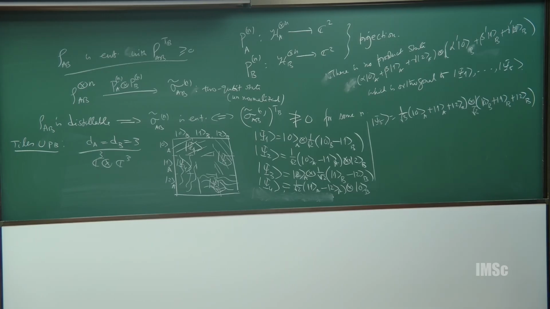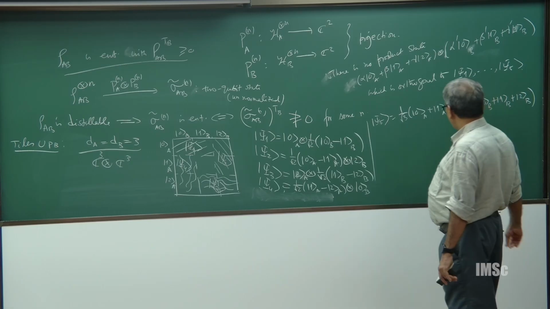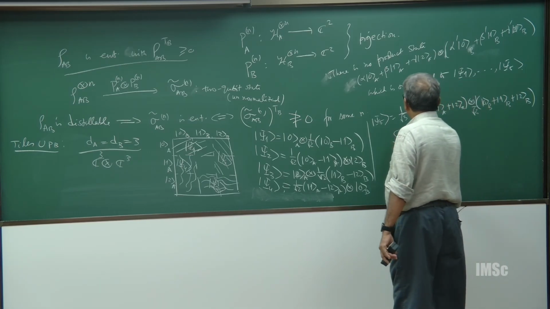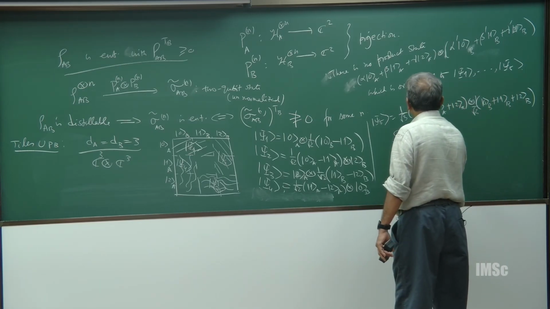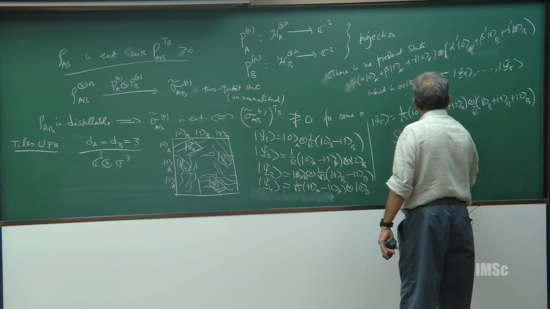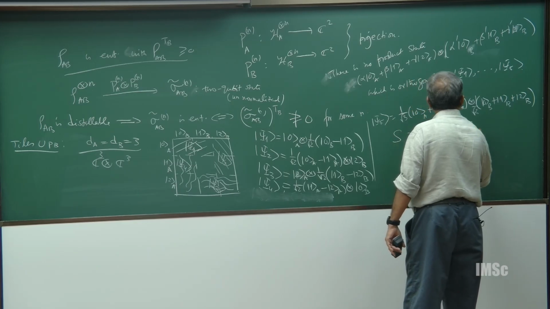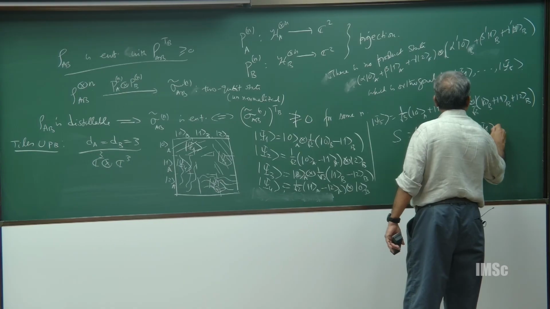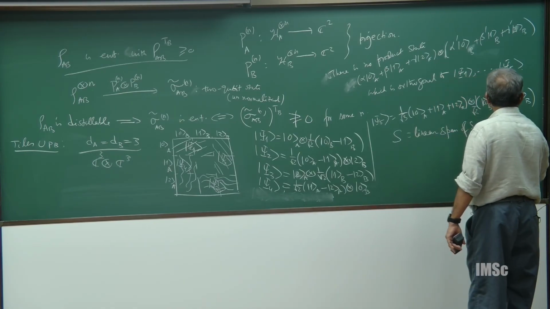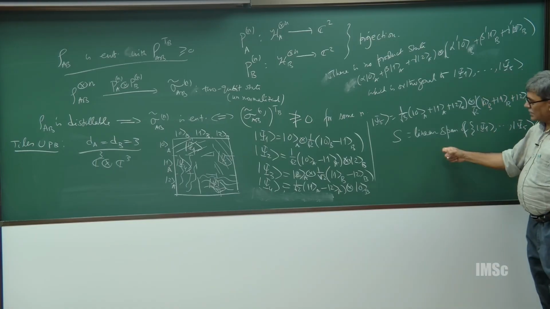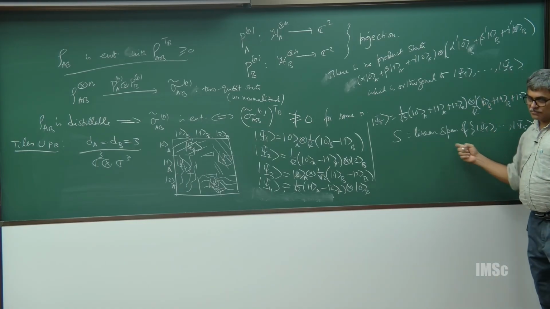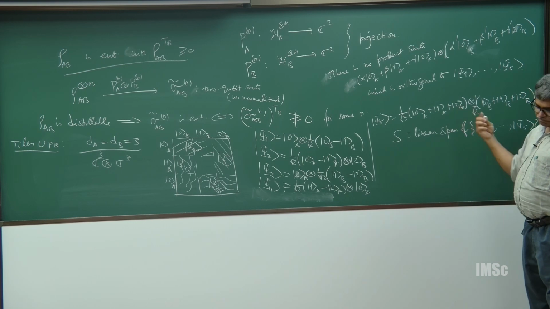So, in other words, let us say S is the linear span of this 5 dimensional subspace. Therefore, the dimension of S is 5.